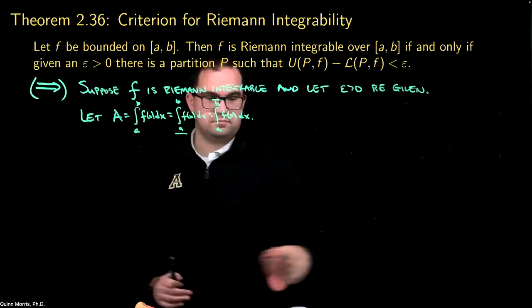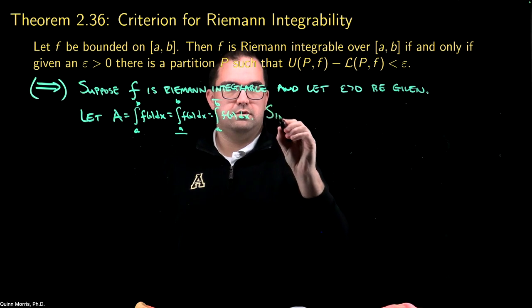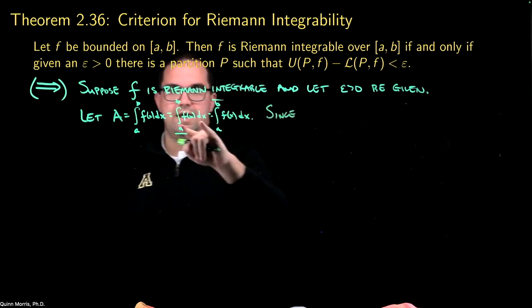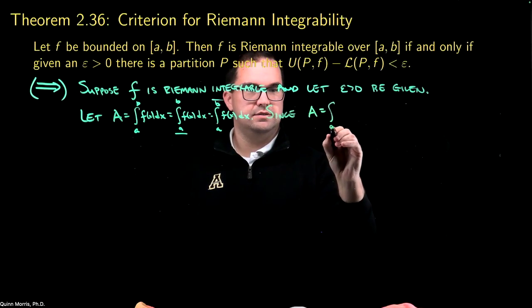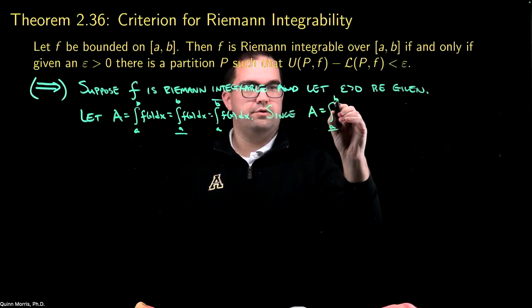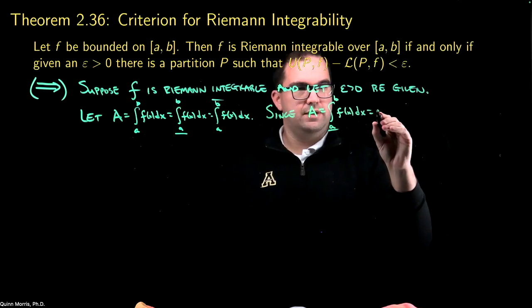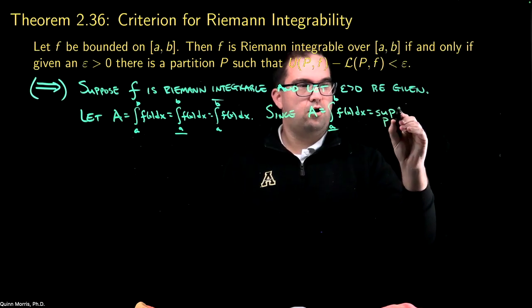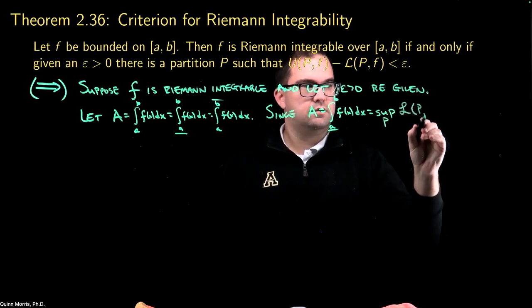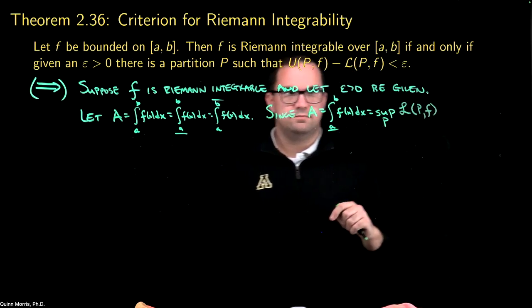All right. So now if we look at the lower sum first, since A is equal to the value of that lower Riemann integral, and that is defined to be, so the lower integral is the supremum over all partitions of the lower sum of f over those partitions.